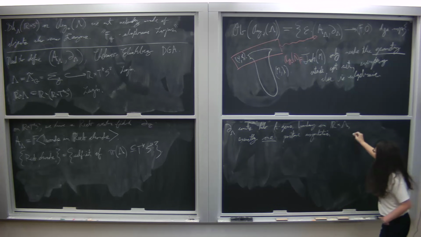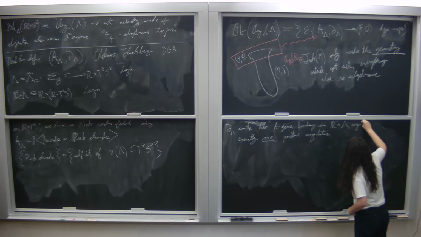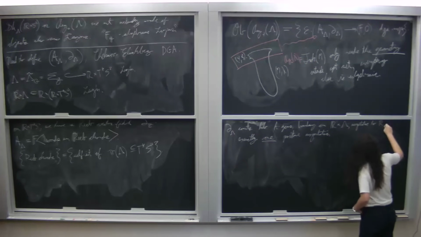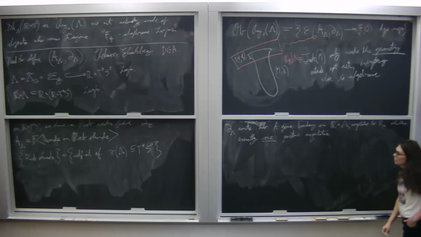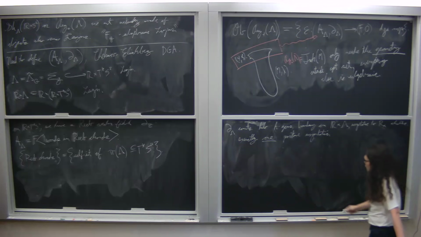Maybe I'll say always asymptotic to Reeb chords, but exactly one positive asymptotic.